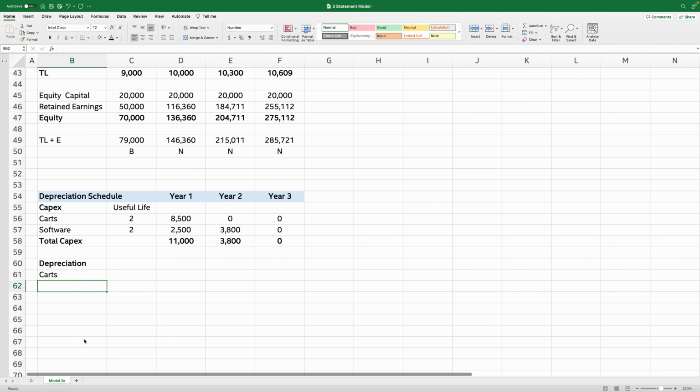So we have carts, and then we still have software. To calculate the depreciation amount, we'll just do 8,500 divided by 2, and then we could drag that over. And let's say, since we're going to drag this over to 3, let's switch it up. Let's say these things last 3 years.